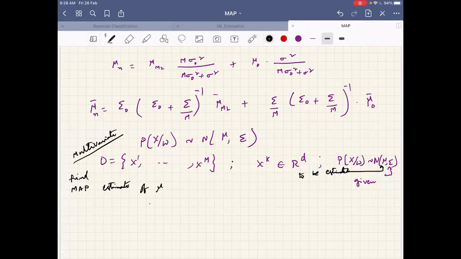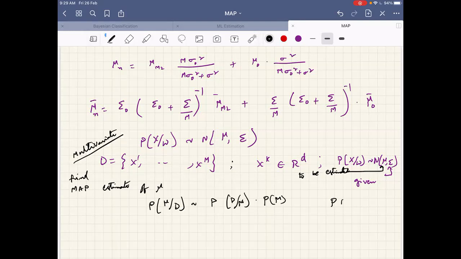We formulate P of mu given D, which is equal to P of D given mu into P of mu, correct?